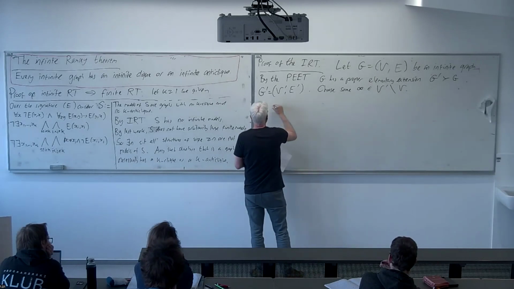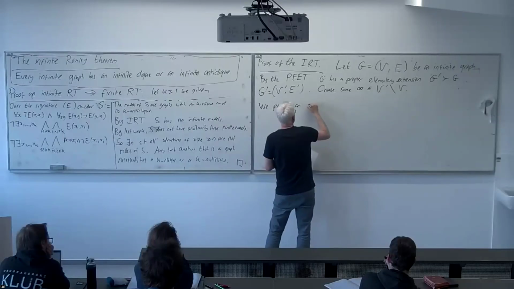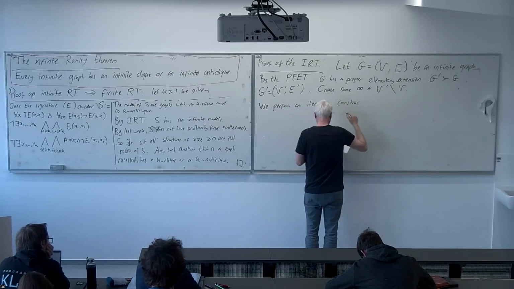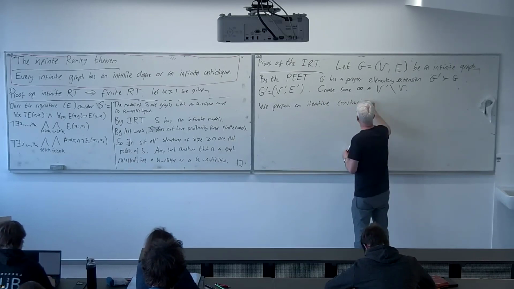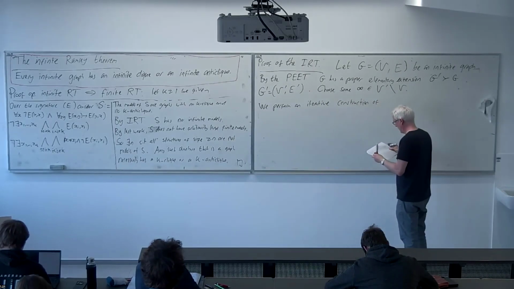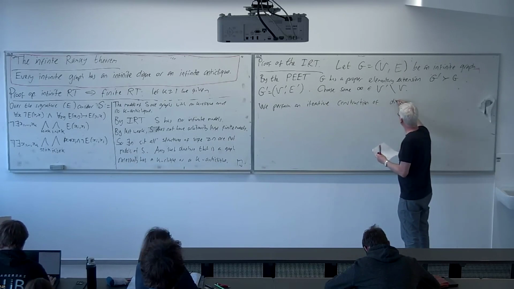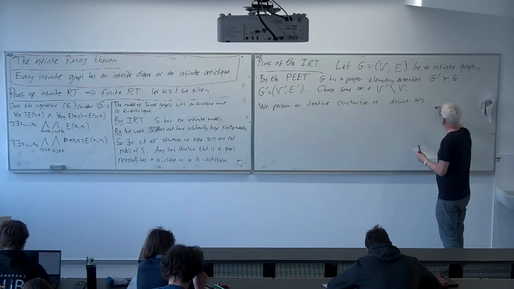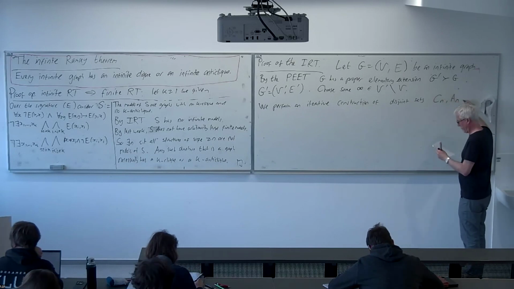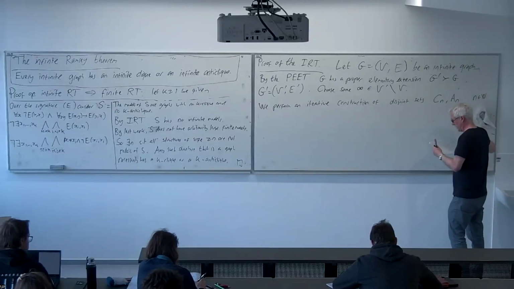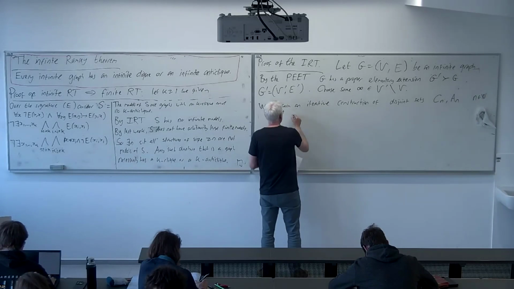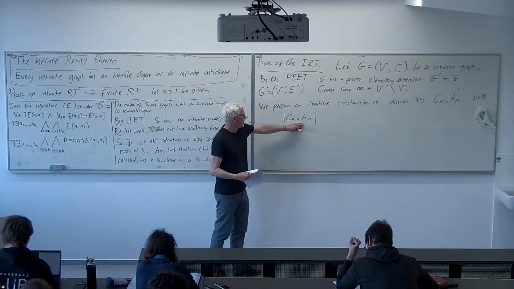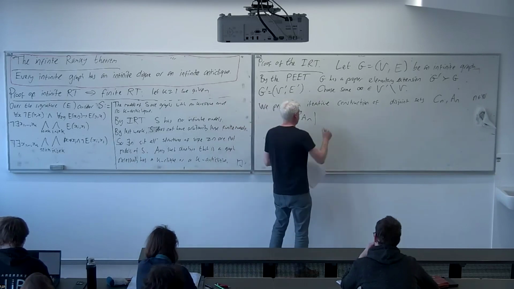So we perform an iterative construction, counting through the natural numbers, of sets Cn, An, for natural numbers n, such that if we take the union of Cn and An, they have n elements between them.